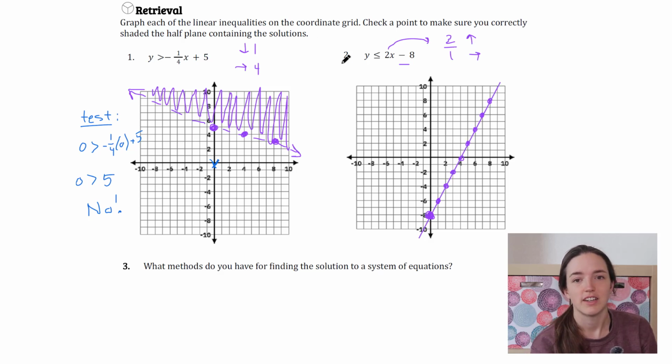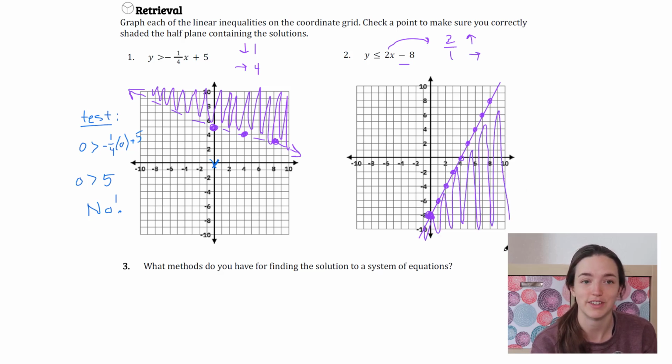Okay, shading. This time the alligator is opening its mouth away from the Y, so Y is smaller. So I'm going to shade underneath the line, and then we're going to do our test point and we'll see if that was right. And once again, if you don't feel confident with the shading initially, just start with the test point. We're going to plug in 0, 0.